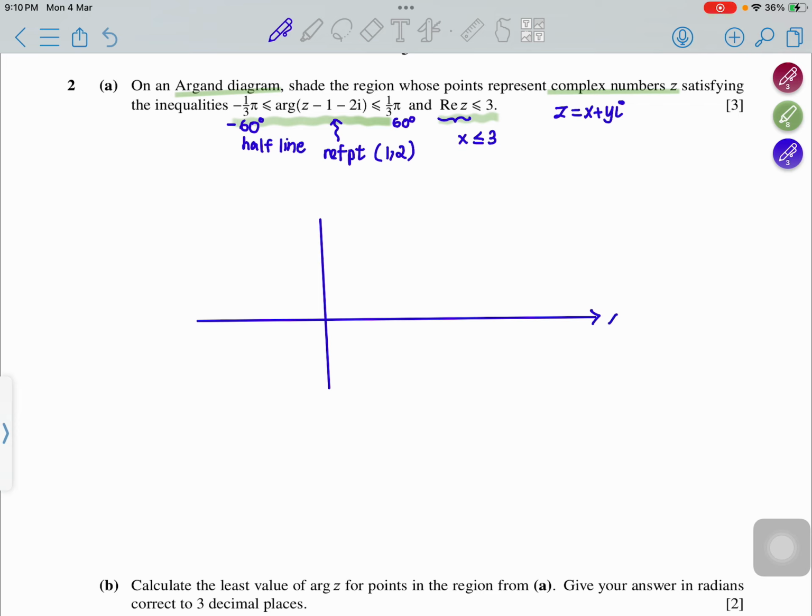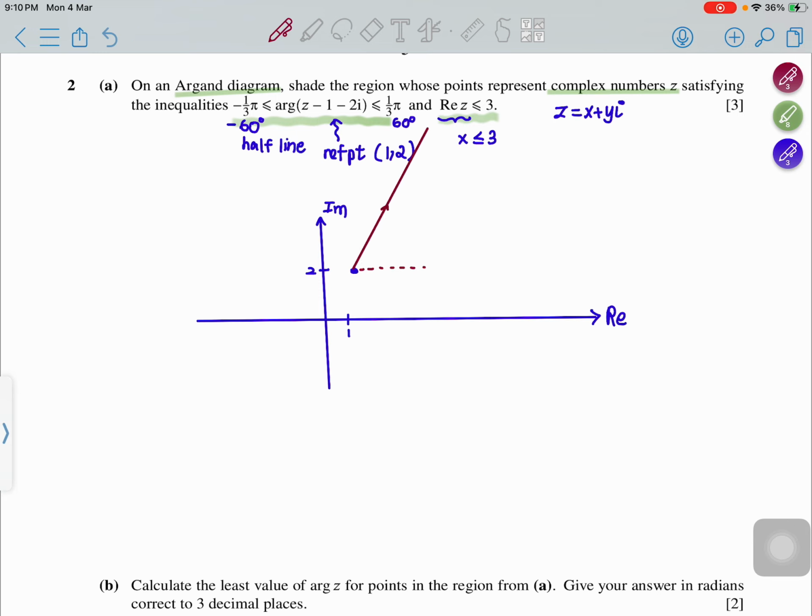Your x-axis is your real part and this is your imaginary. Make sure your scale makes sense. Yeah, 1 and 2 over here. Now I need to draw an angle from the reference point, which is (1, 2). It's in between 60 and negative 60. So you can make an axis that is parallel to my x-axis and then you draw 60 degrees upward, like that, a half line.